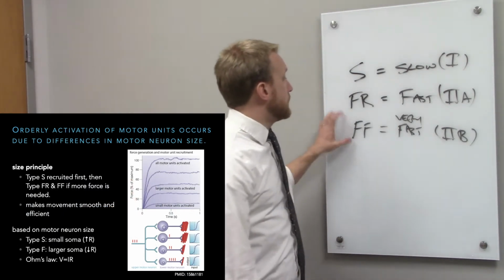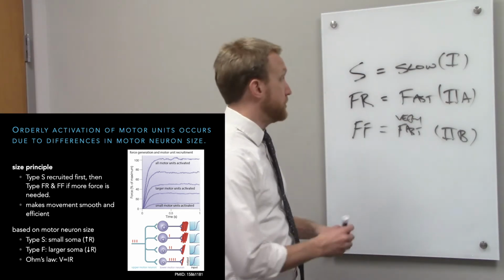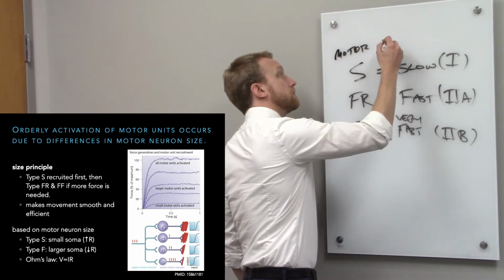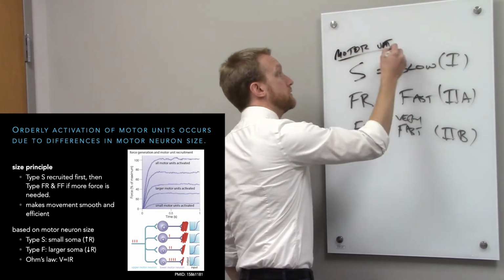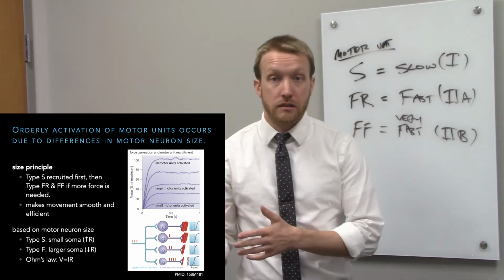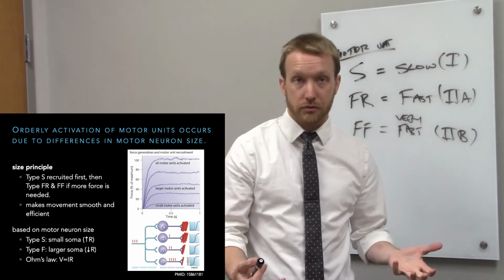Now the neurons that innervate these different types of motor units come in different sizes, and that's what creates the size principle.